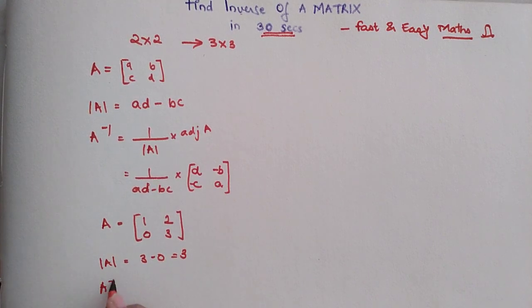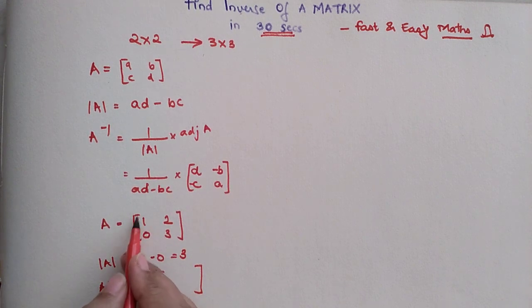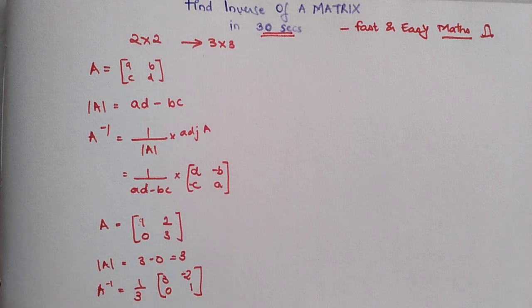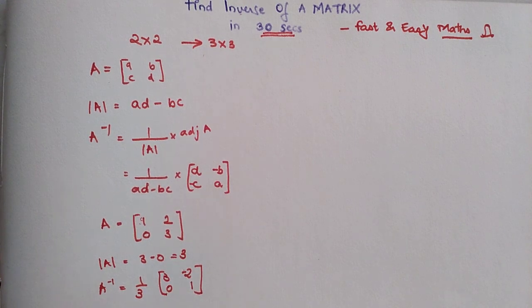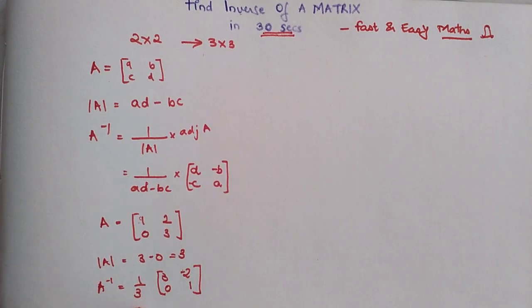Now A inverse, like I said, we can directly write as 1 upon 3, that is the determinant, and the adjoint will be: the first element changes to the last element, so it becomes 3, and 1 goes to the last element's place. Here the elements remain as they are, just the signs change. Since it was 0, we are going to keep it as 0. This is the answer. So you saw that in just under 10 seconds you could find the inverse of a 2 by 2 matrix.